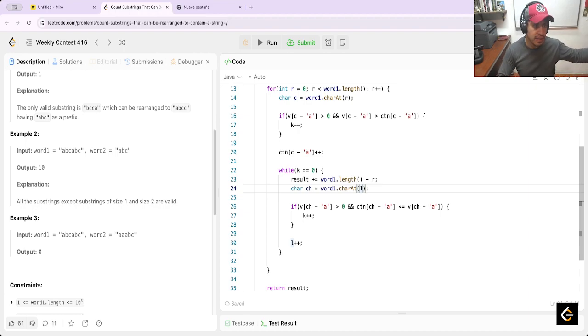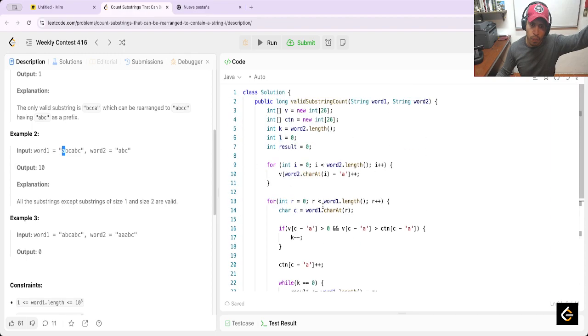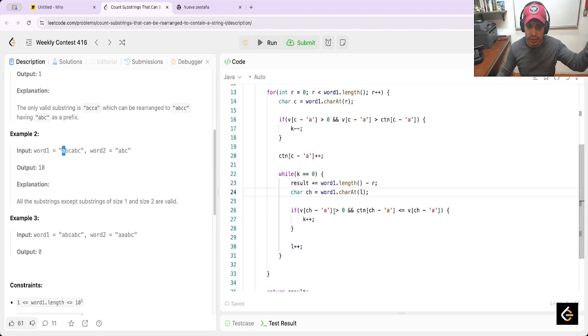The first time L is 0, and in this case it is the letter A, and we need to ask whether this letter appears in word two, and it's read at 0, and the counter for the same letter, that is A, is less than or equal.